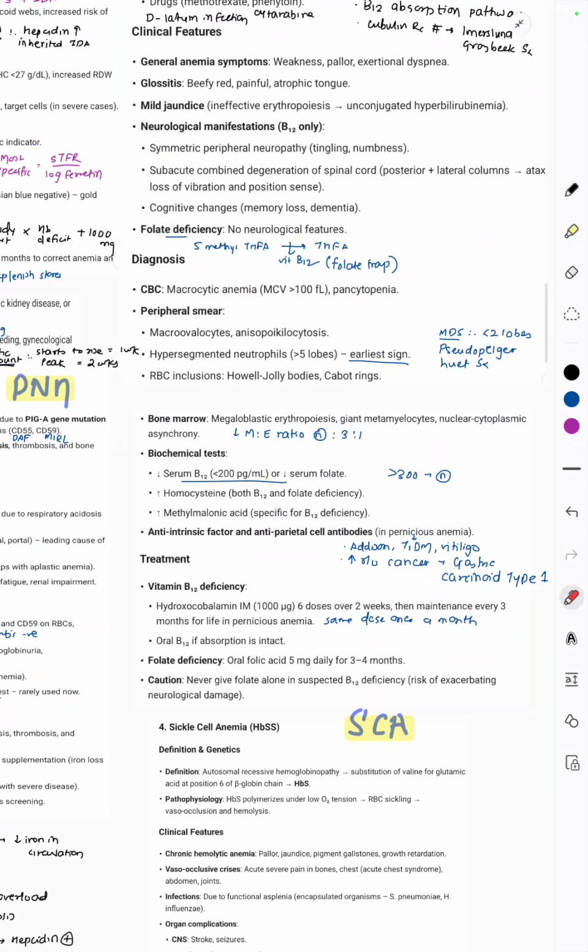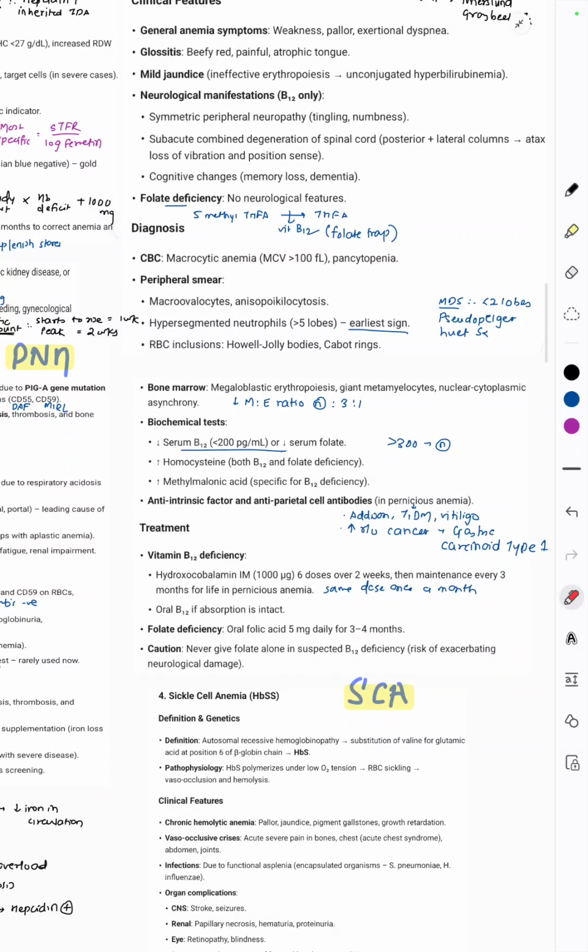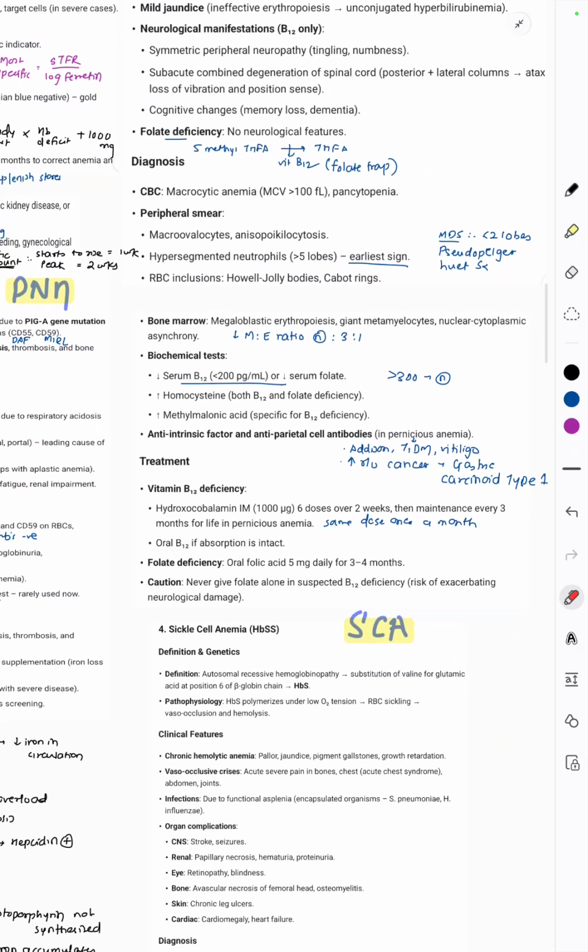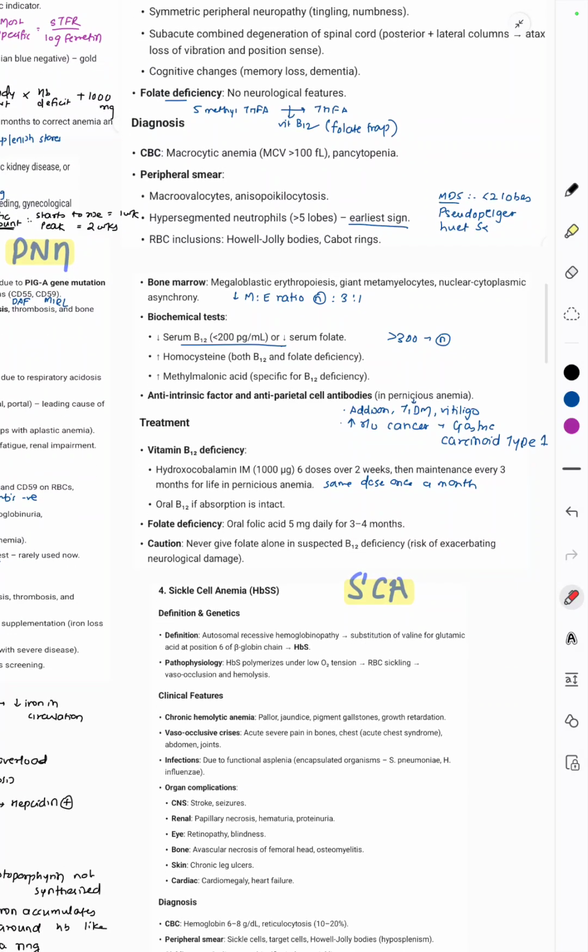However, if there is a deficiency of vitamin B12, that leads to something called the folate trap. Diagnosis again by CBC: peripheral smear will show macro-ovalocytes, anisopoikilocytosis, hypersegmented neutrophils, Cabot rings, Howell-Jolly bodies. Hypersegmented neutrophils is the earliest sign. Bone marrow studies are considered the gold standard.